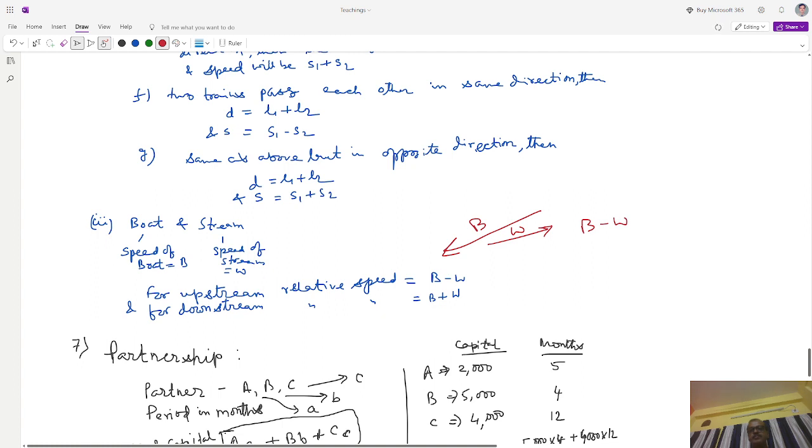If it is downstream, then the relative speed is equal to B plus W. It is very easy to understand. No problem here.